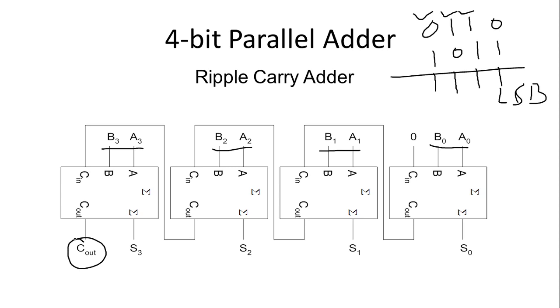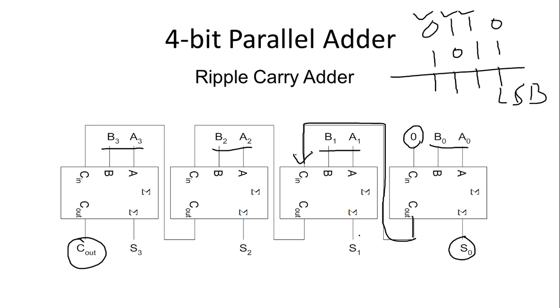And here see, the first carry in is 0, because whenever we add least significant bits, whether they are 0 0 or 0 1 or 1 1, the carry in is always 0, and S0 is the sum of the first bit or least significant bit, and the carry out, the most important thing in the ripple carry adder, is going as input to the next full adder.